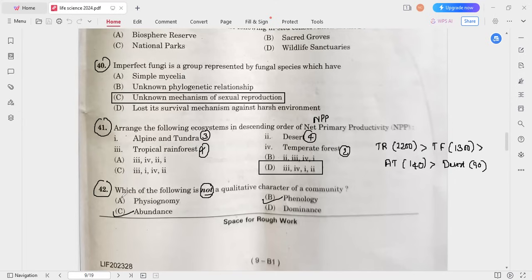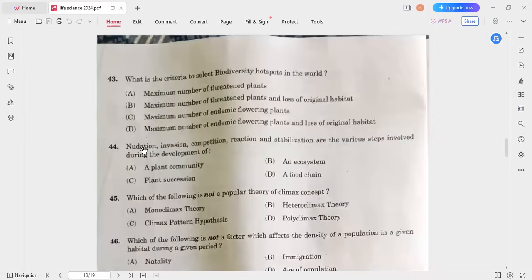Then physiognomy is also qualitative, but this dominance is there, right? This is not qualitative, it is a quantitative character. So here we have to choose the incorrect one. So option D is the correct answer for question number 42. Okay, so now move on to the next question, that is question number 43.